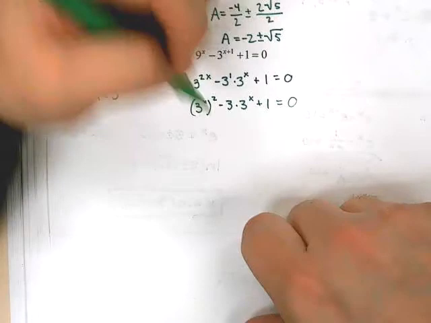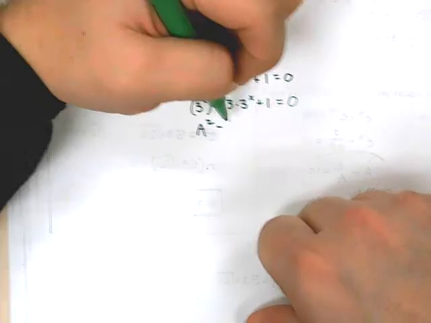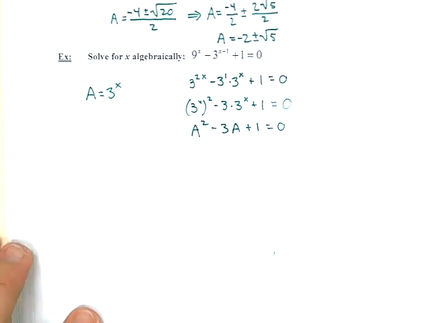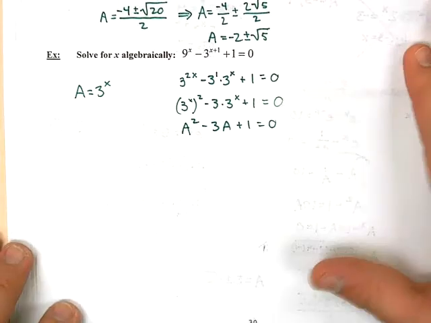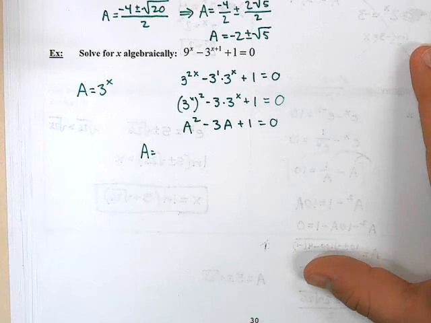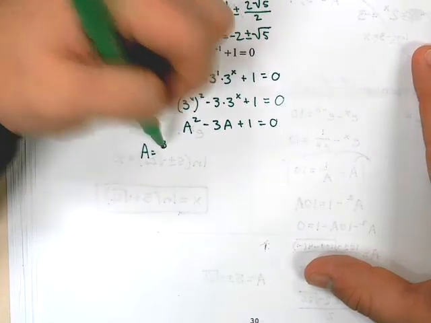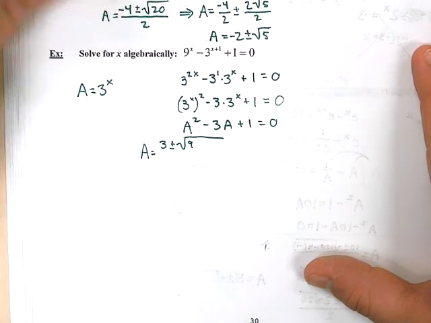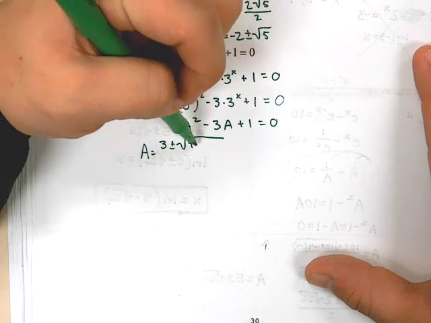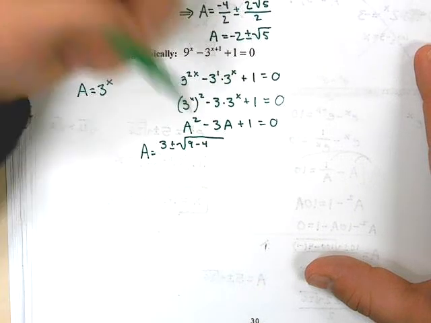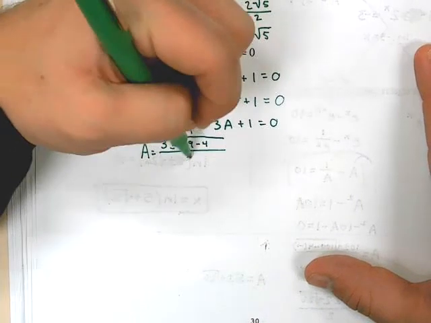So now I have a squared minus 3a plus 1 equals 0, and we are right back at it with our quadratic formula. a equals negative b plus or minus the square root of, okay, so 9, b squared is 9, minus 4 times 1 times 1, so just minus 4, all over 2.